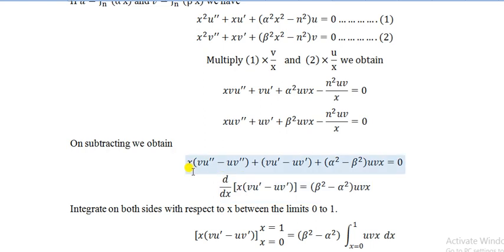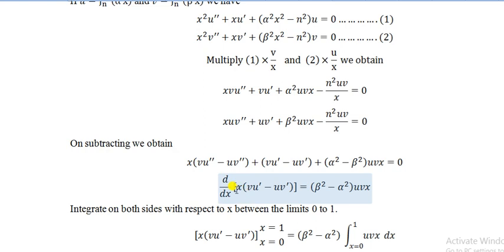Now we express this whole term as d by dx of x (v u' minus u v'). If we apply differentiation of the product form, we get the above equation. Keep x as it is and differentiate (v u' minus u v') with respect to x, so we obtain v u'' minus u v''.